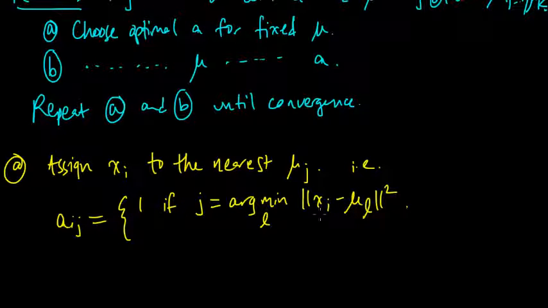Minimizing the Euclidean distance is the same as minimizing its square. And aij is 0 otherwise. Okay, so that's good for A.